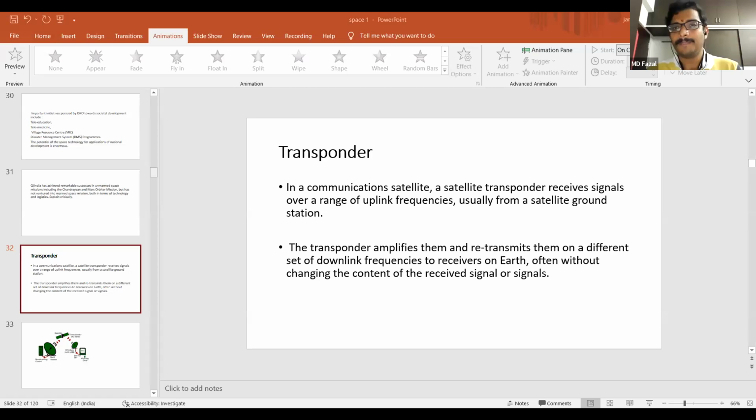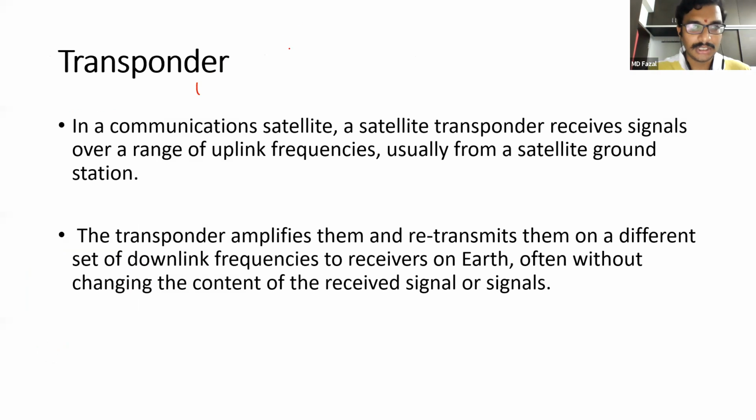We will quickly revise rather than waiting, because we'll start with a revision every day. Yesterday we studied transponders, how they are used in communication satellites, their importance, and uplink and downlink frequencies.